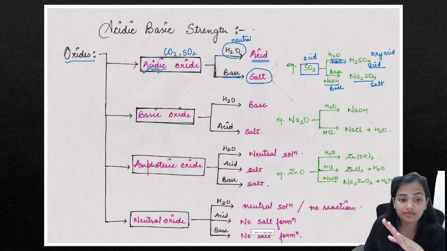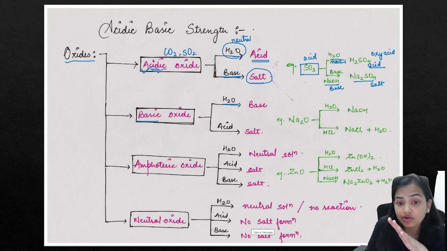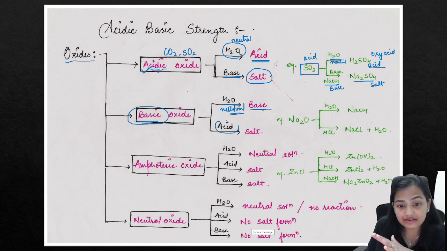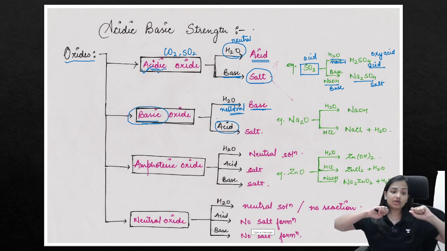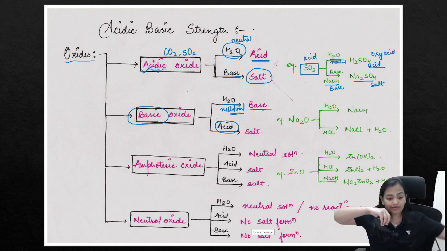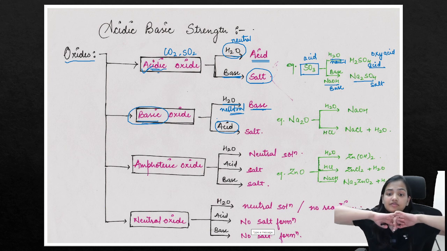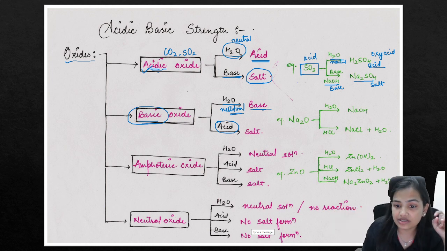Now let me tell you how to determine that an oxide is basic. If an oxide is basic, when you put it in water, which is neutral, it will be basic, because neutral is not going to do anything: basic plus neutral gives you a base. But base and acid is the opposite combination. If you add a base to an acid, there will be a neutralization reaction and salt formation. You will always get salt plus water.